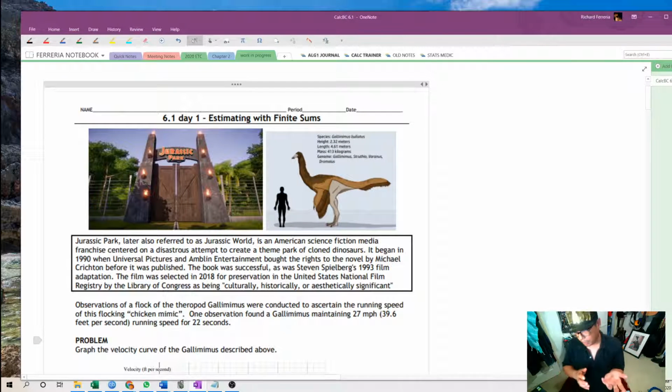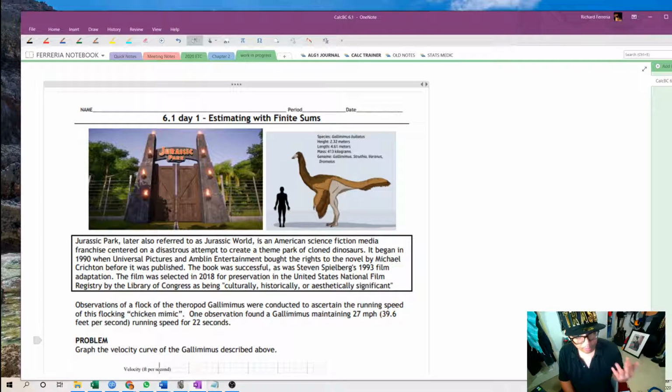As I'm speaking to you now, it's probably really doubtful that you've never heard of Jurassic Park, any of the Jurassic Park franchise pieces. But Jurassic Park and Jurassic World, of course, are a science fiction media franchise, and they are centered on the disastrous attempt to create a theme park with cloned dinosaurs.